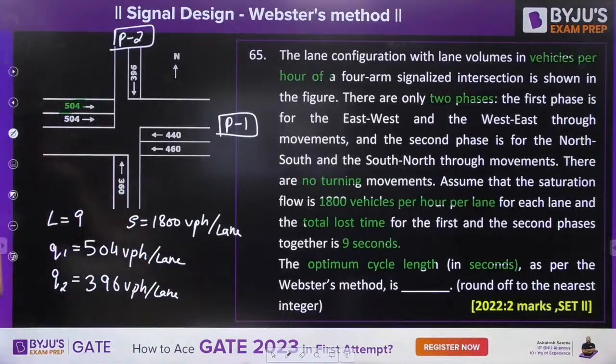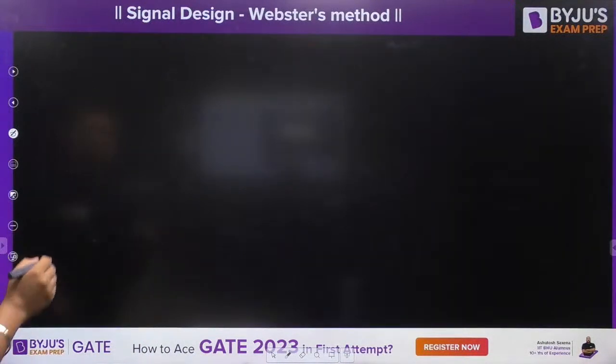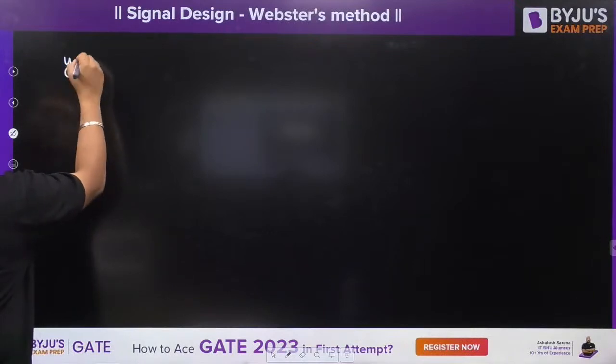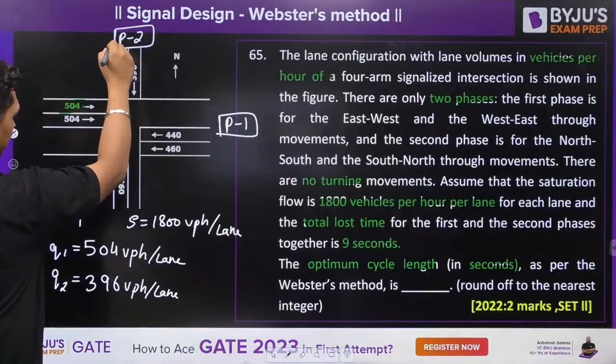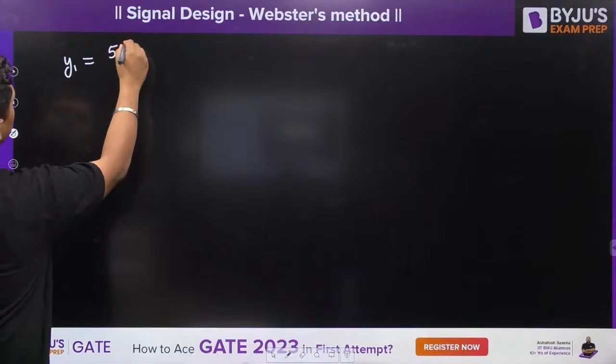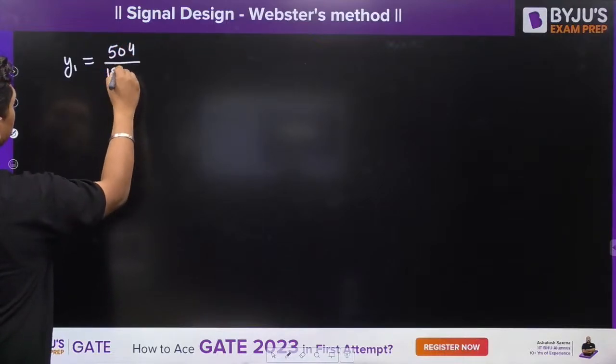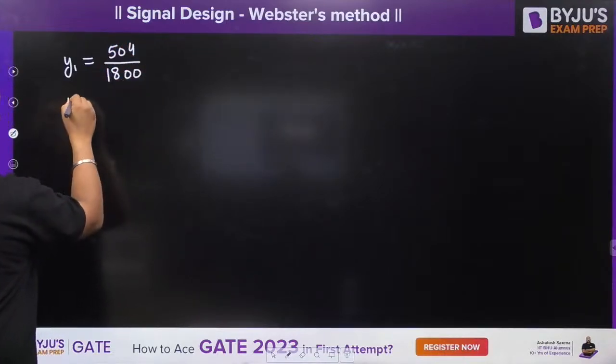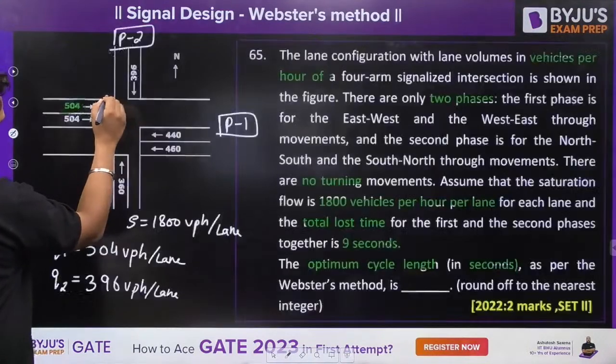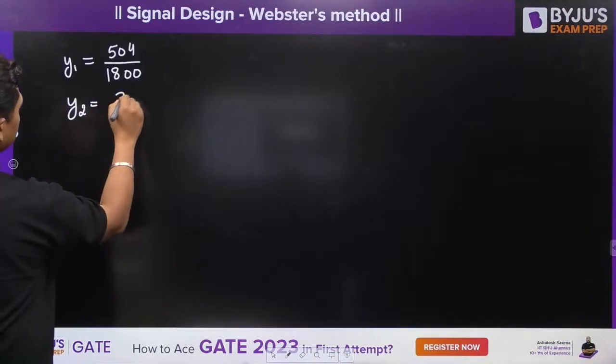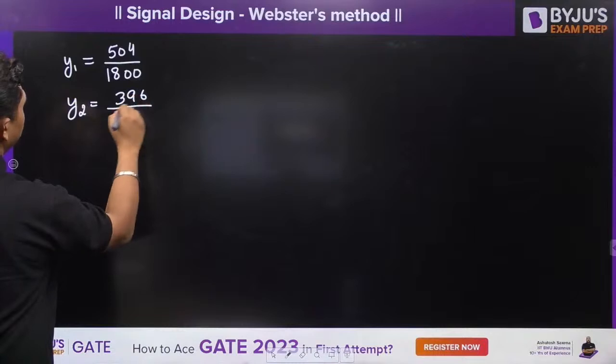So, can you calculate Y1 and Y2? Y1 will be equal to 504 divided by 1800. Y2 will be equal to 396 divided by 1800.